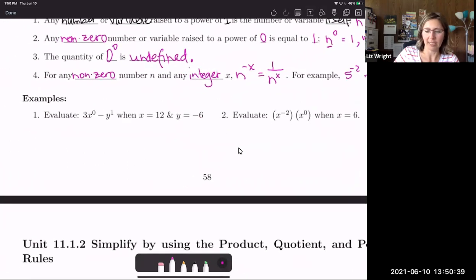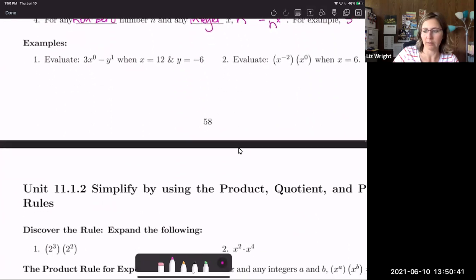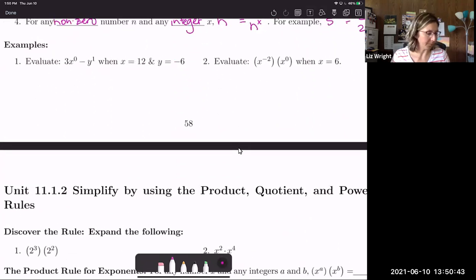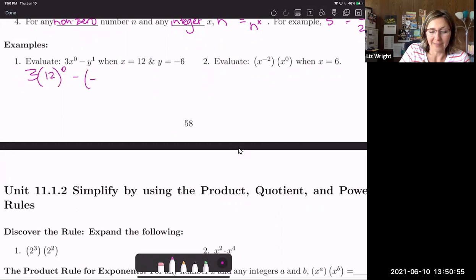All right, so let's use our rules in these couple of examples. It says 3x to the 0 minus y to the first when x equals 12. So I'm going to plug those in first. We've got 12 to the 0 minus a negative 6 to the first. And what does 12 to the 0 equal again?